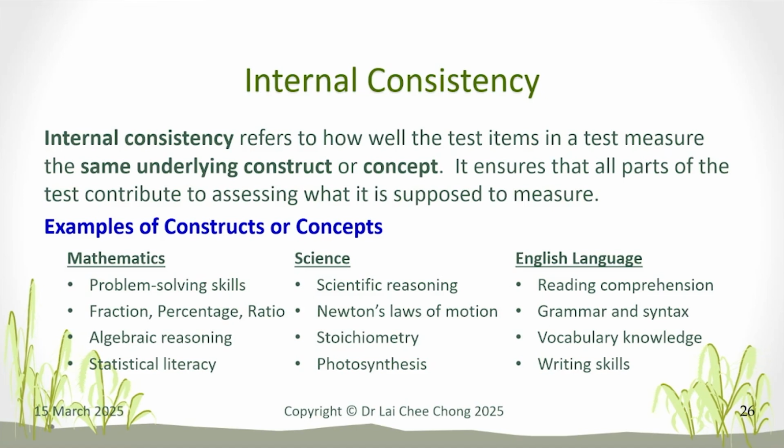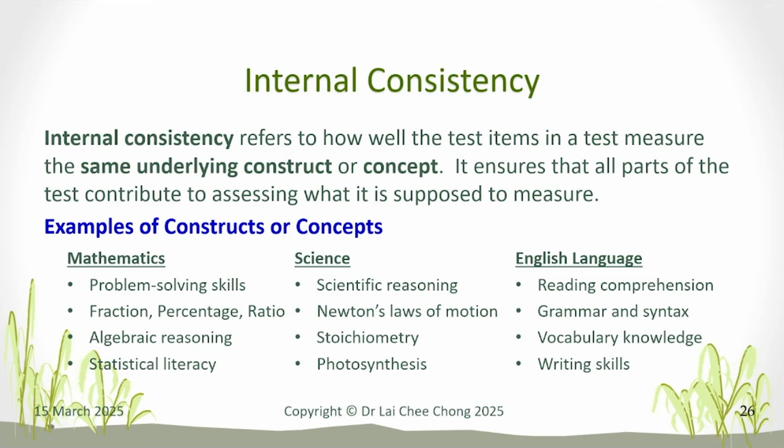Take mathematics. Problem-solving skill is a construct. Look more at the skill than the content. Fraction, percentage, ratio altogether. These three are always together in mathematics. I call it the three musketeers. Okay?